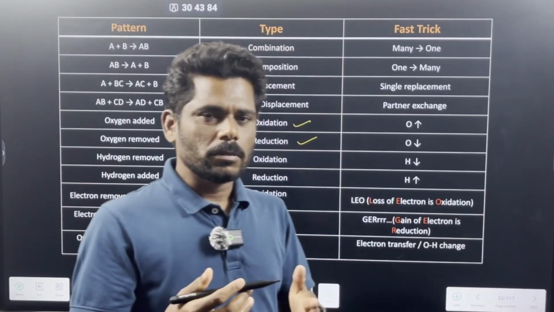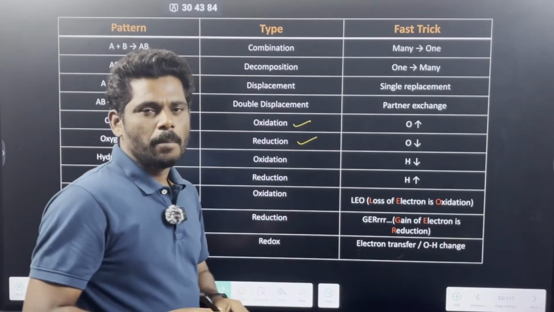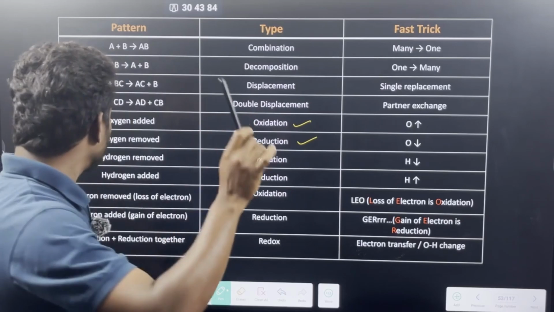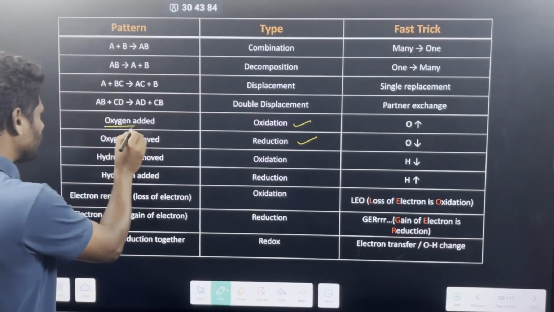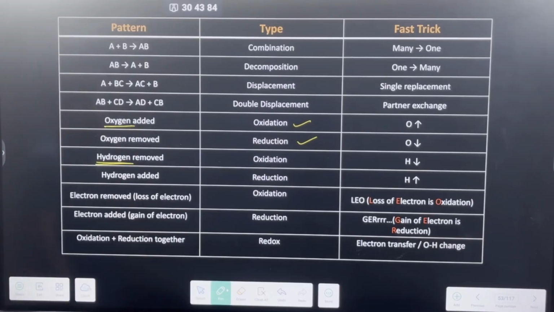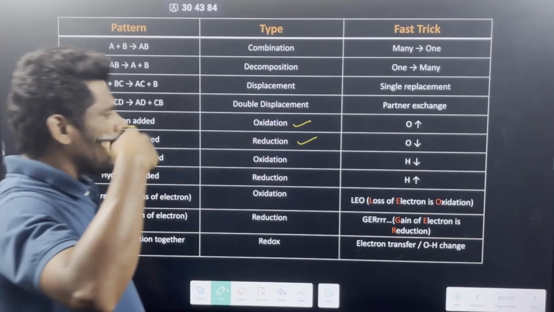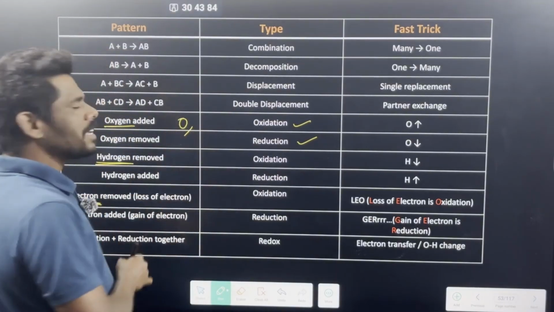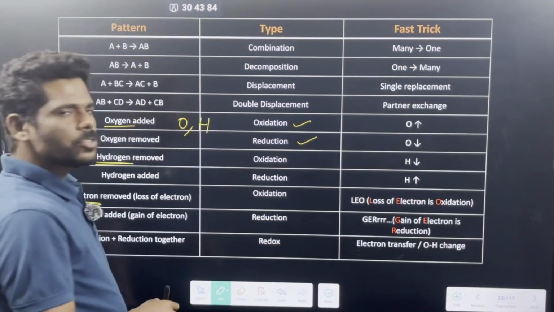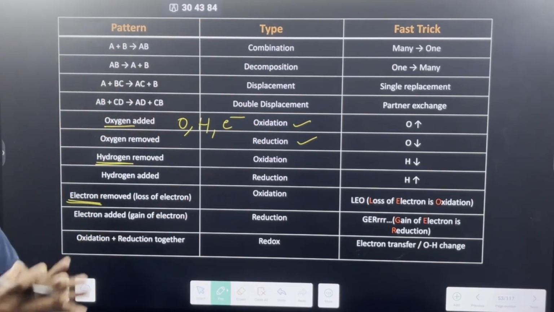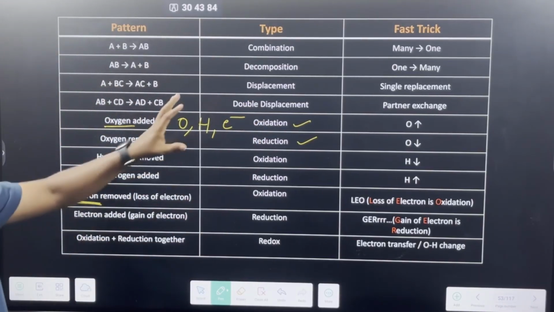Oxidation can be defined based on oxygen, based on hydrogen, in fact based on electrons. So to define oxidation or reduction, we use oxygen or hydrogen or even electrons. So then how? Simple shortcuts are here.